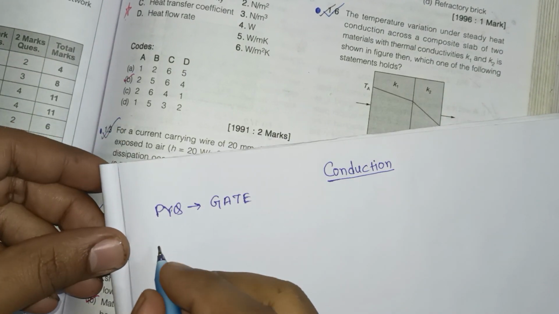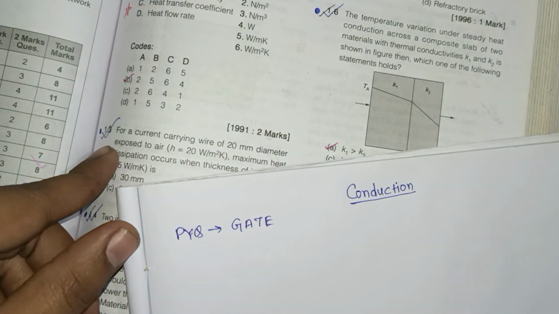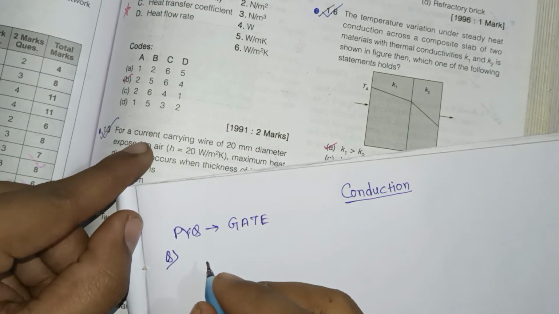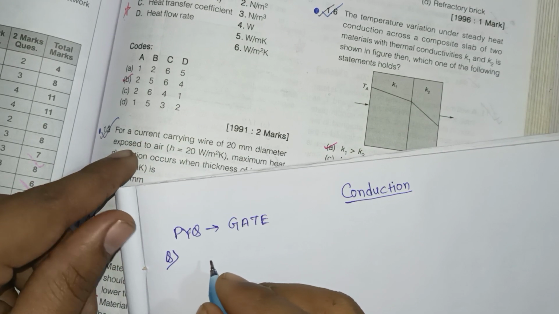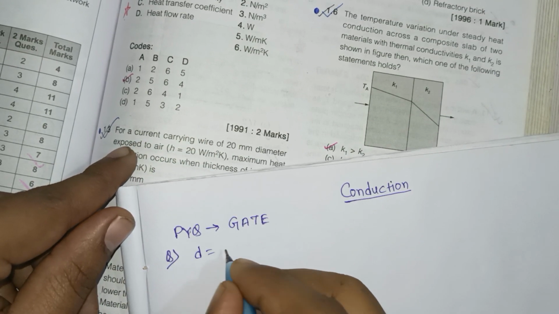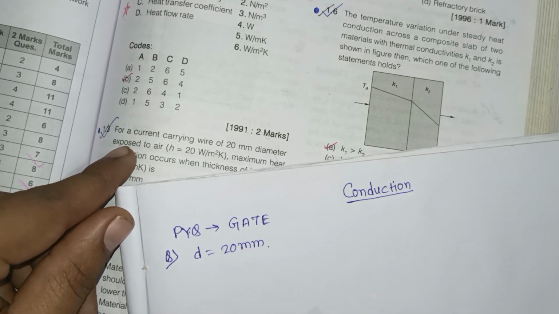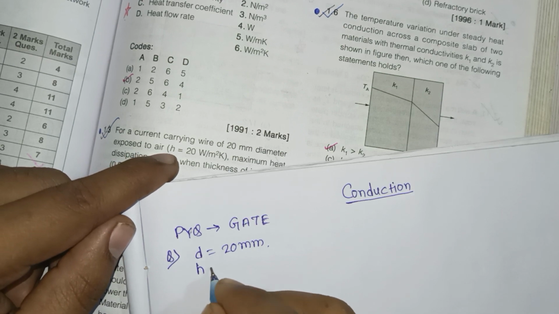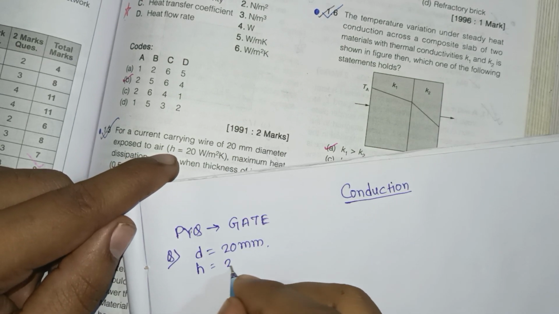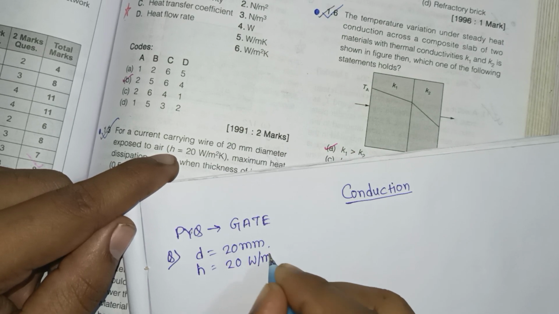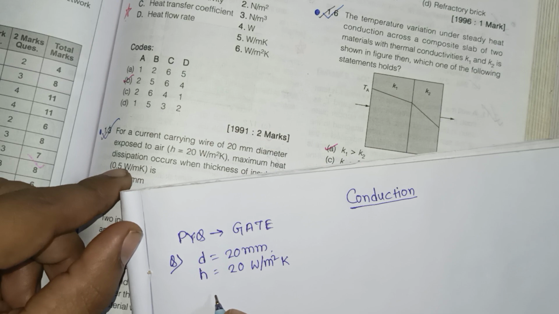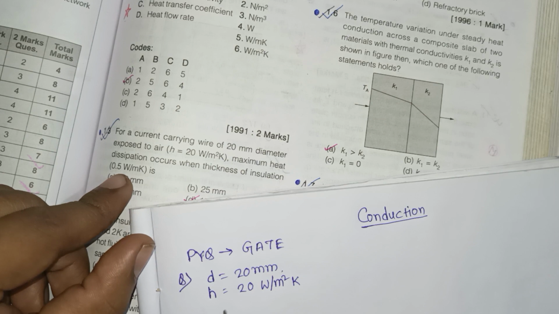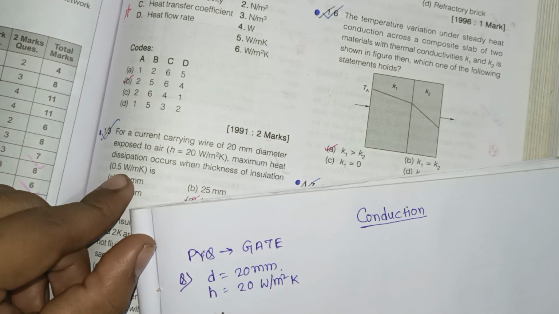For a current carrying wire of diameter 20 millimeter, exposed to air with h, the heat transfer coefficient, equal to 20 watt per meter square Kelvin. Maximum heat dissipation occurs when the thickness of insulation is. So you have to find the thickness of insulation.